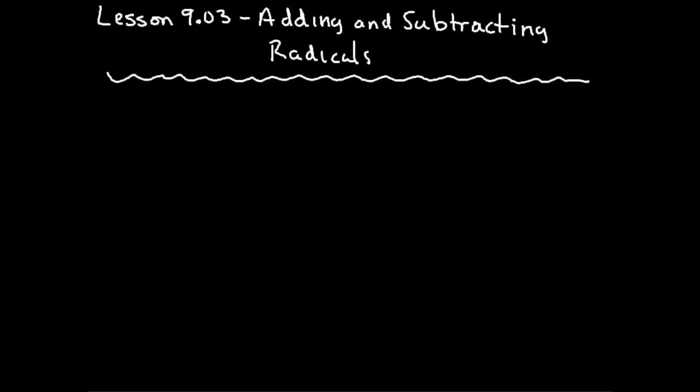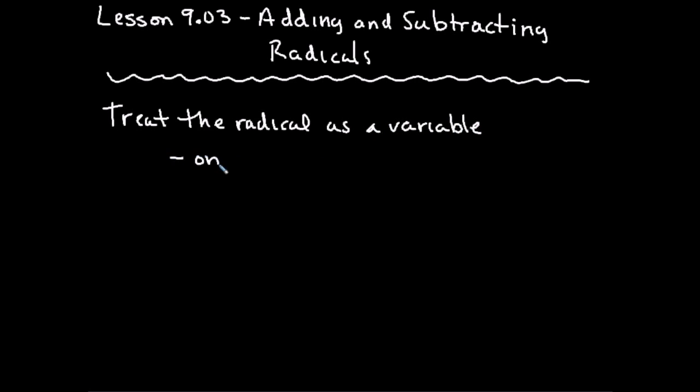Lesson 9.3, Adding and Subtracting Radicals. When we add or subtract radicals, we treat the radical the same as we would a variable, which means we can only add like terms.